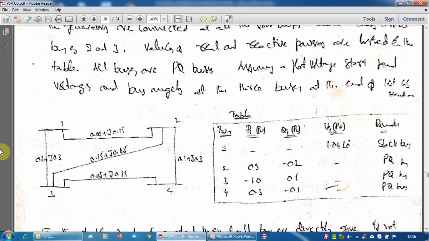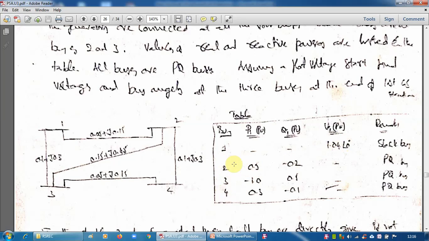Note that these are all the initial values, V2(0), not V1(0). V1 is slack bus. For that we need not assume, the value will be given. This is equal to V1(0) or V1(1) or V1(2), anything. This value will not change, given value only.